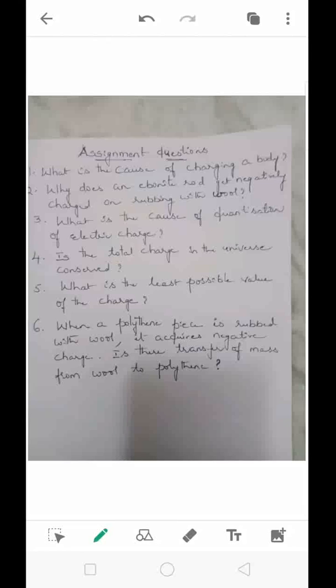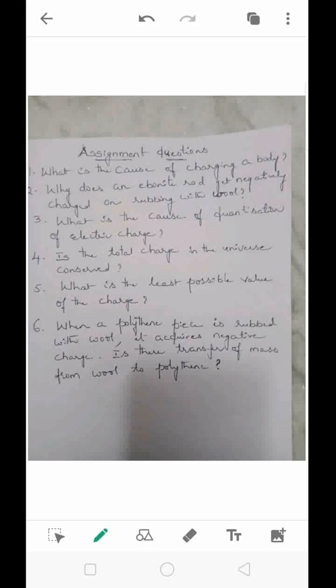Students, at the end of this session, please answer these assignment questions. First one, what is the cause of charging a body? Second one, why does an ebonite rod get negatively charged on rubbing with wool? Third one, what is the cause of quantization of electric charge?